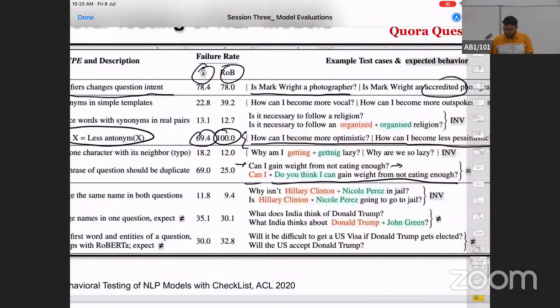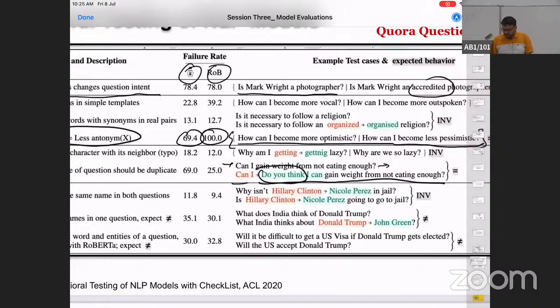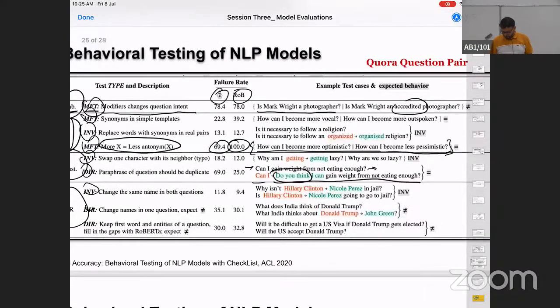So what it says is, the phrase that you have added actually doesn't change the meaning of the two sentences. But in real scenarios, you can always come up with these kinds of questions. So if you have a model that runs at the backend in Quora, whenever you are typing a question, it recommends similar questions, and it should be able to identify the similar set of questions. And this is what is happening, right? And if you see the failure rates, 69% failure rate, 25% failure rate, and so on and so forth.